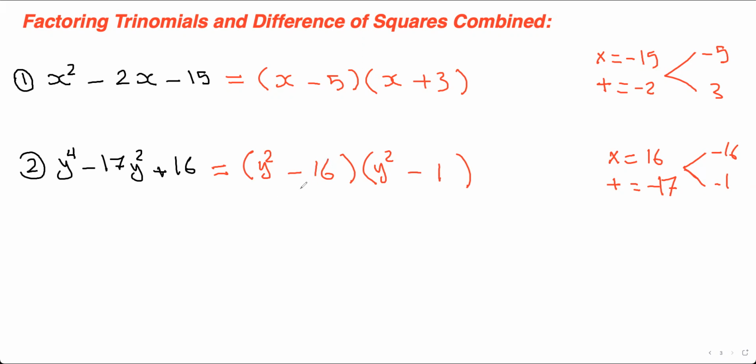Definitely not, because now if you look at this brackets and this brackets, both of them have the difference of two squares inside them. So this here will factor into y minus 4, y plus 4, and this one will factor into y minus 1 and y plus 1.